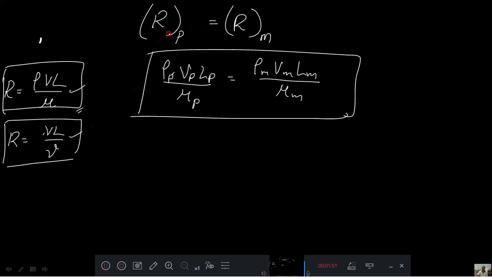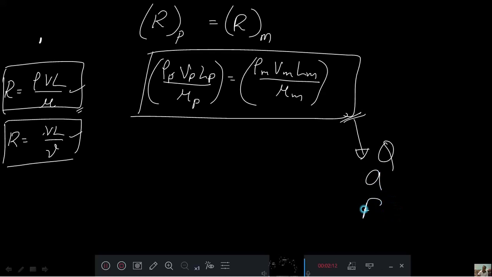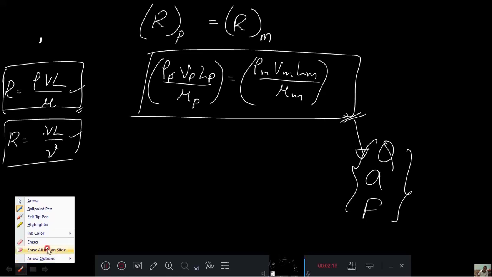As the model law says that the Reynolds number for the prototype and for the model must be equal, we will write the corresponding parameters for the prototype and for the model. Considering this, further parameters like discharge, velocity, acceleration and force we can determine. Okay, we'll see problems one by one so that you will understand more clearly.